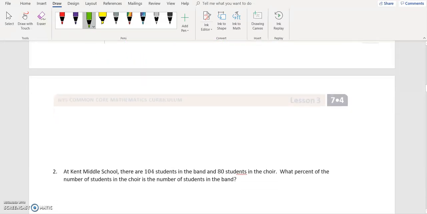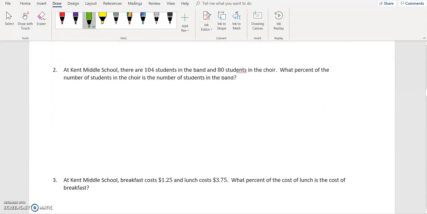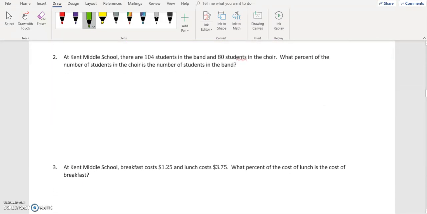Okay, so let's go on to number 2. At Kent Middle School, there are 104 students in the band and 80 students in the choir. What percent of the number of students in the choir is the number of students in the band? Okay, so 104 in band, 80 in choir.